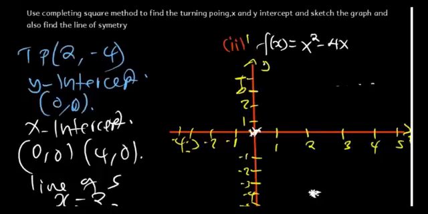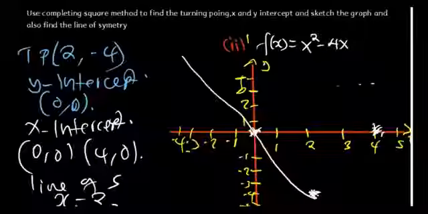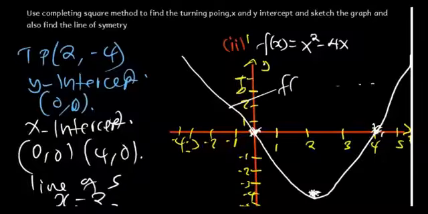The line of symmetry is at the same point. Then we have 4, 0, which is this point. So the graph is supposed to come here, when it comes here it rests, then it goes there. So this is my graph of f of x equal to x squared minus 4x.